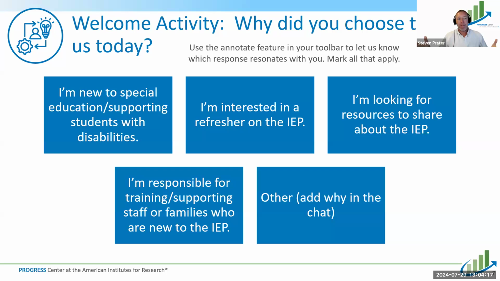That's going to be our first interactive thing: why did you choose to join us today? There are several options on the screen. Maybe you're new to special education or supporting students with disabilities. You're interested in a refresher on the IEP. Maybe you're looking for resources to share about the IEP. Maybe you're responsible for training staff or family who are new to the IEP, or maybe there's some other reason why you joined us.